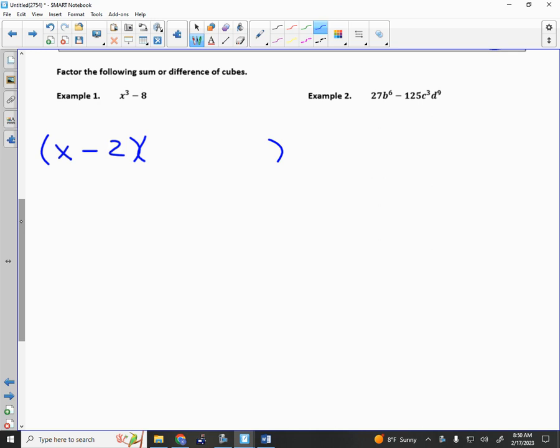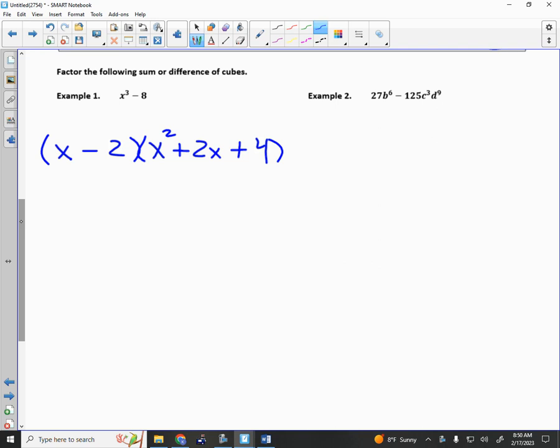Yep, you square that guy. What goes on the end? 4. You square that guy. Multiply these two together and you get a 2x in the middle. This is always plus. The sign is opposite that sign. Factored.